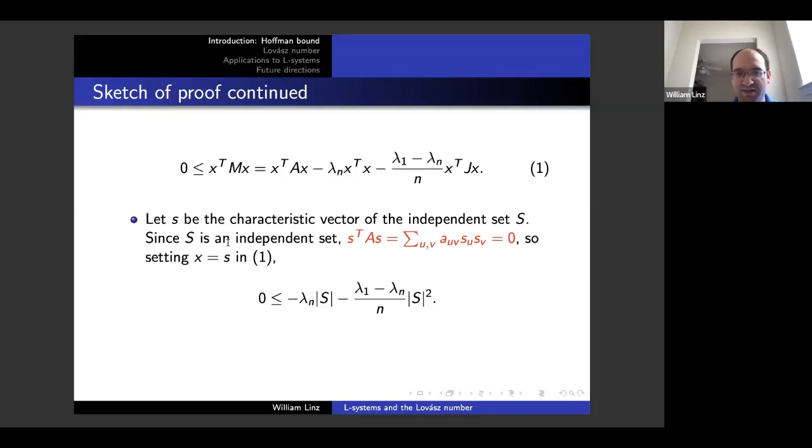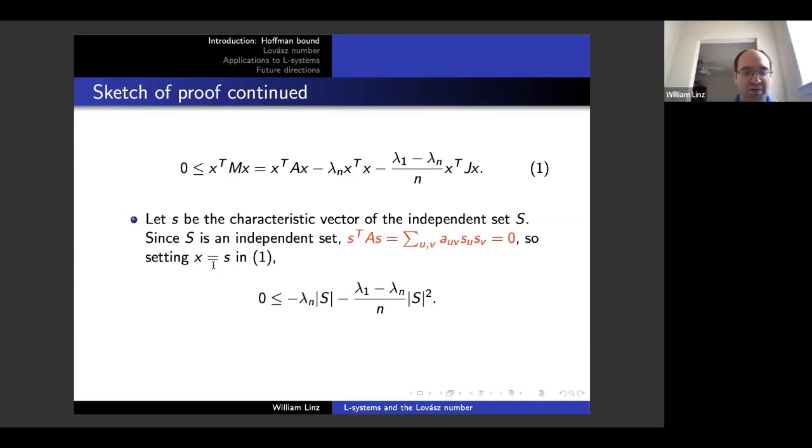Since S is an independent set, s transpose As is just the sum over all vertices u and v of A sub uv times s_u times s_v. If u and v are adjacent vertices, s_u times s_v is going to be 0 because we're looking at an independent set. If u and v are not adjacent, then this is going to be 0 by the definition of the adjacency matrix. So you're just summing up a bunch of 0 terms.